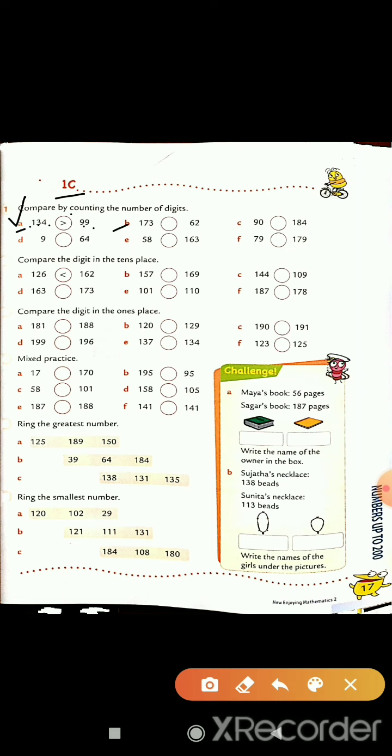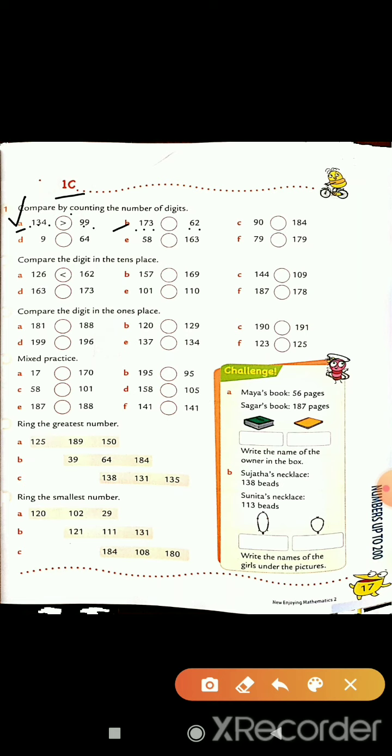B, 173, 62. Just count the number of digits 173 have. 1, 2, 3. 3 digit and 62, 1, 2. 2 digits. So 3 digit number is greater than 2 digit number or 2 digit number is smaller than 3 digit number.